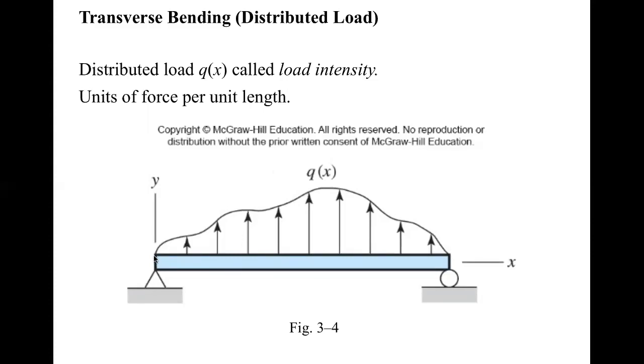For example, here, at the starting point, the load intensity is 0. There's no load. At the ending point, the load intensity is 0. So load intensity is not uniform. Apparently, the load is not uniform. So this is distributed load.